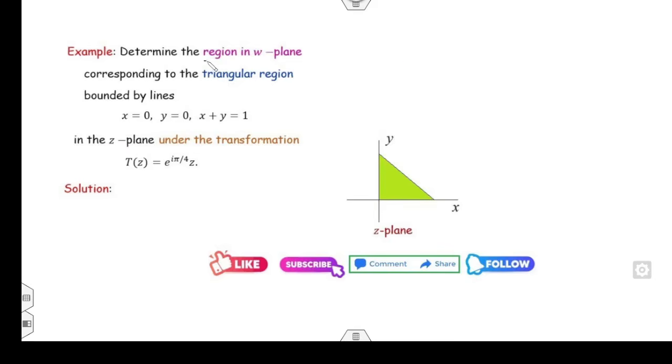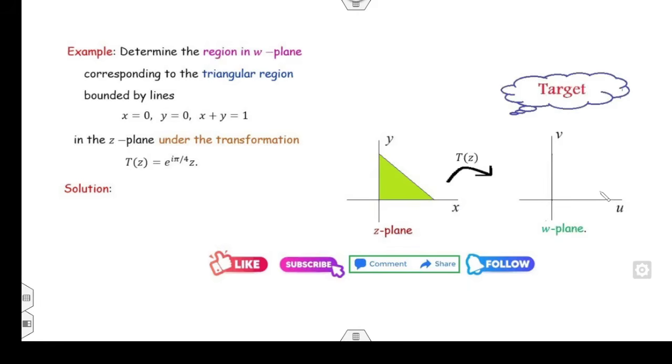Then what is your target? Your target is to find the region in the W plane under the transformation T of Z. What is the graph of this picture? Now it's very, very simple. My transformation is a rotation. Rotation by what angle? The angle is pi by 4.